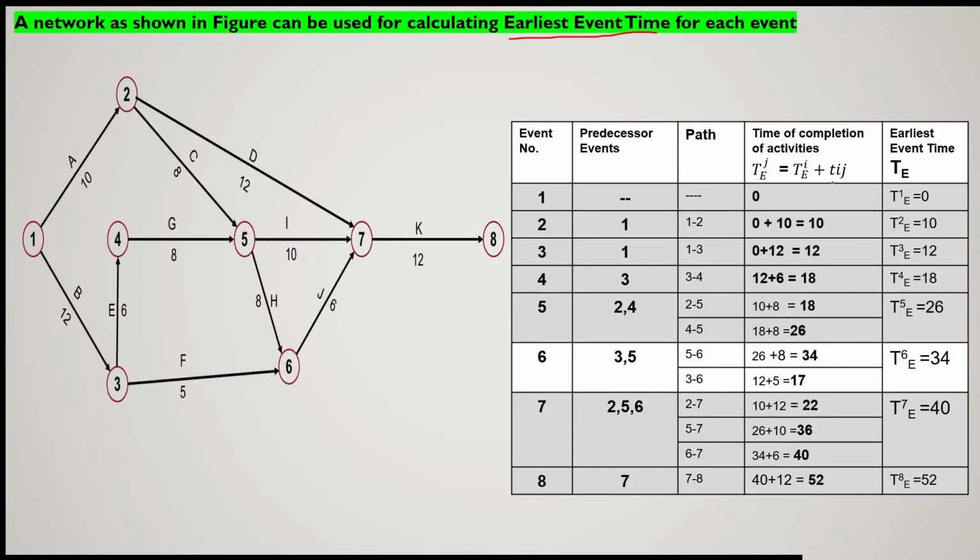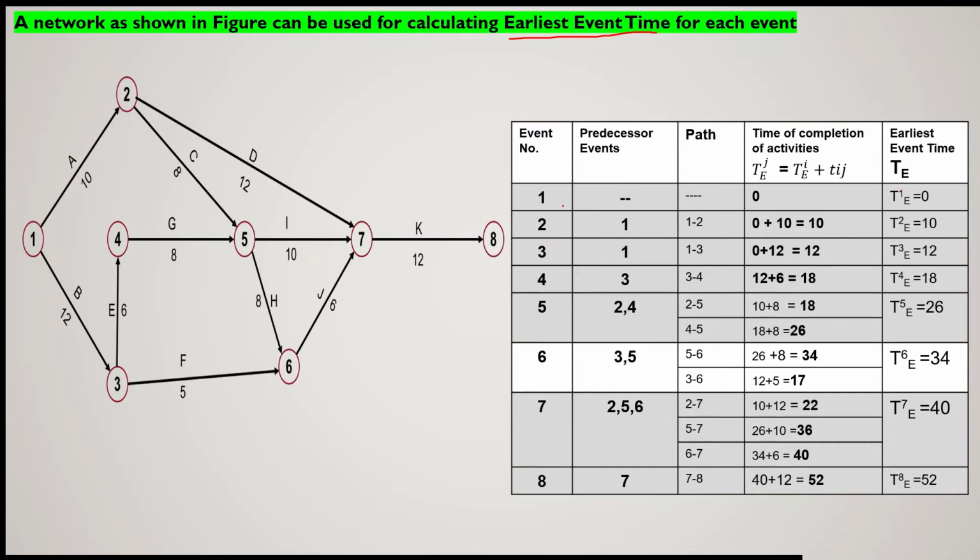Here I, J will be the subscript, that is, Tij is the time or duration of the activity, and ultimately in the last column we will be able to calculate the earliest event time for each event.